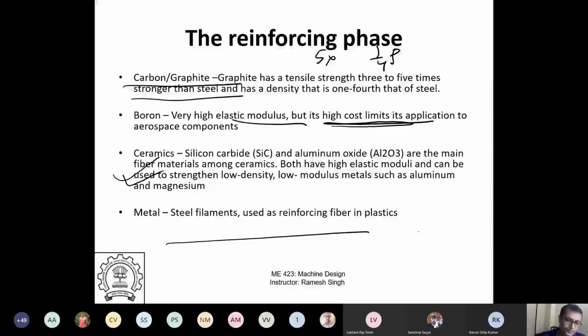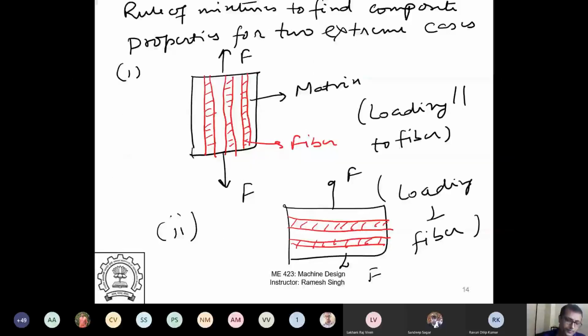So now what I will do is I'll actually derive how we know the properties in composites, and I will talk about only one-dimensional composite where there is a fiber and matrix in one dimension. So there is something called rule of mixtures to find composite properties.